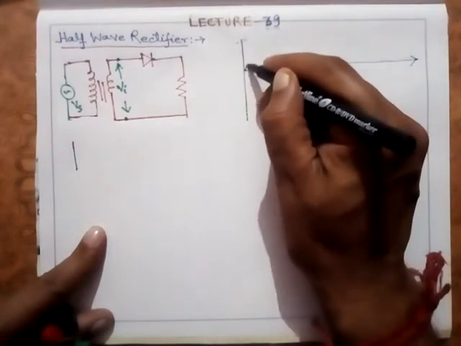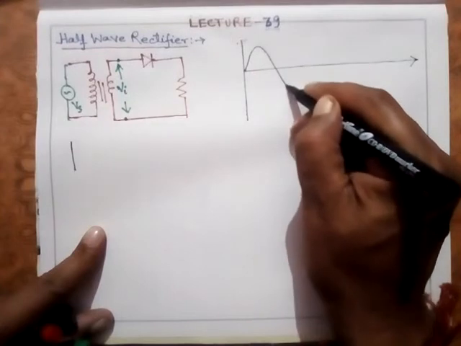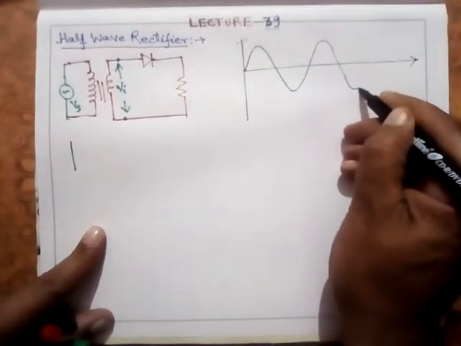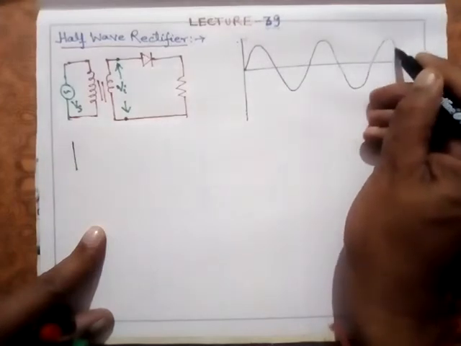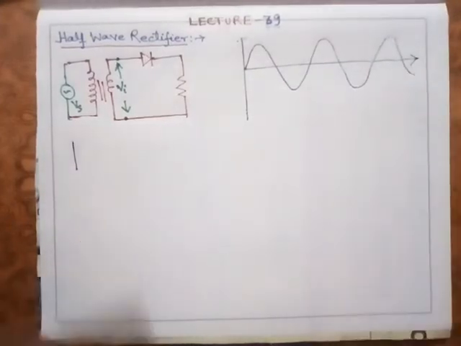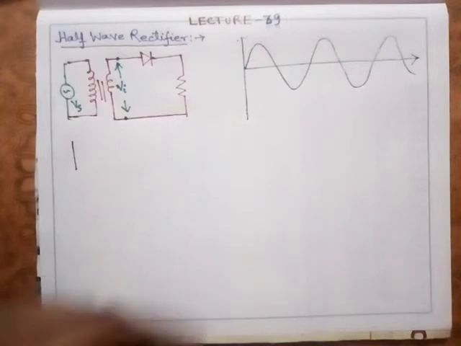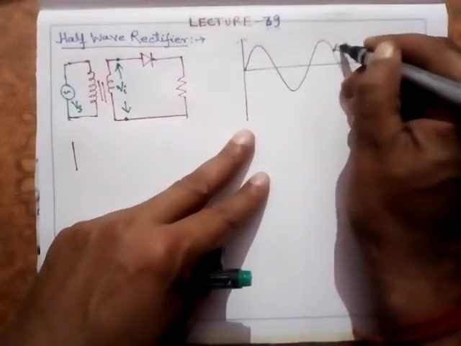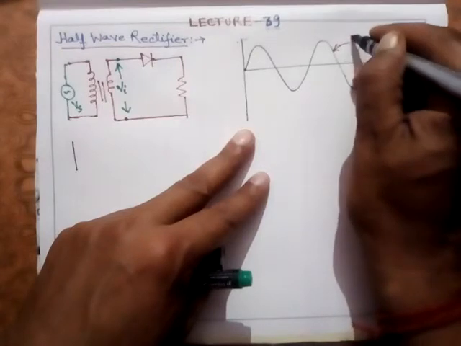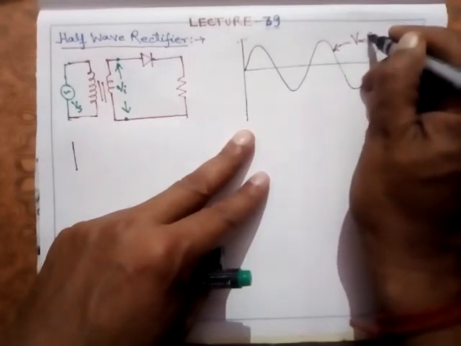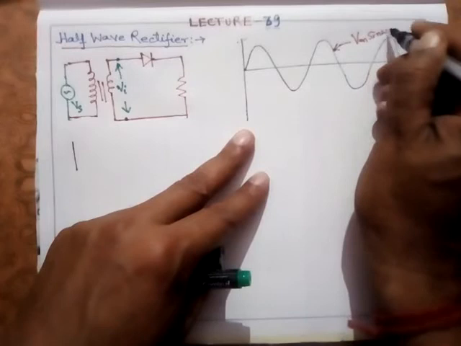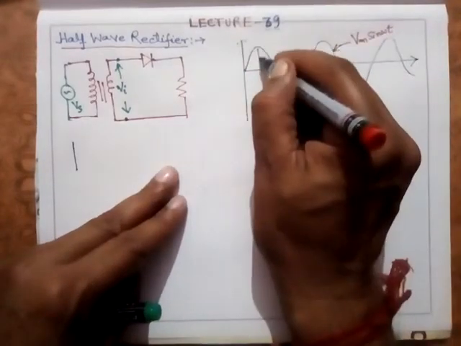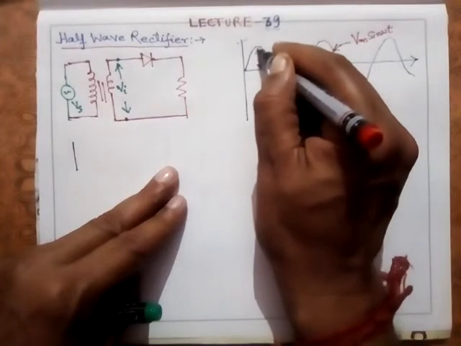This is Vi, the input voltage, and the instantaneous value of this voltage at any instant is Vm sine omega t, where Vm is the maximum.